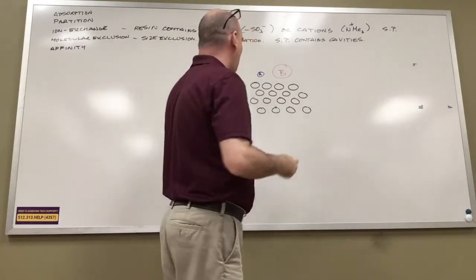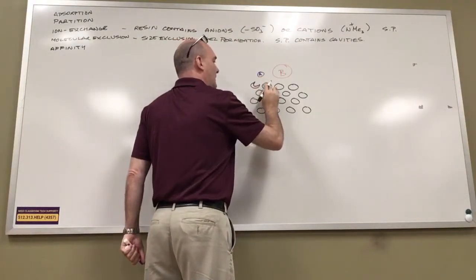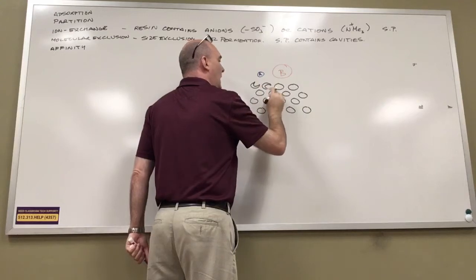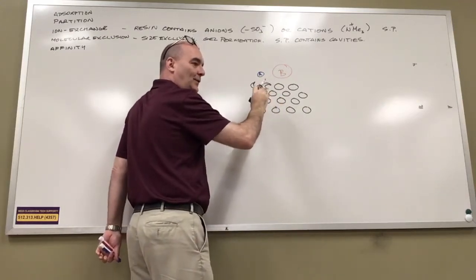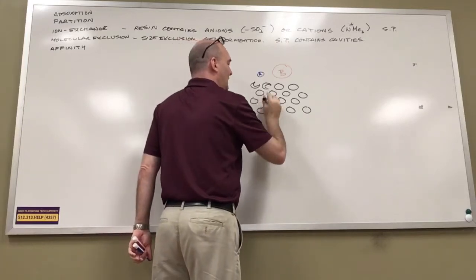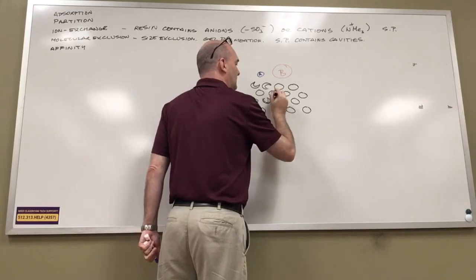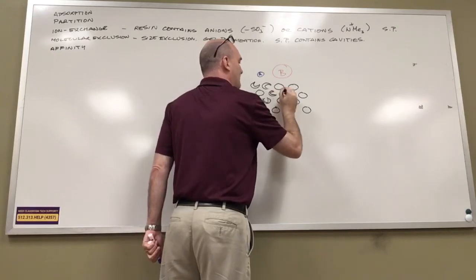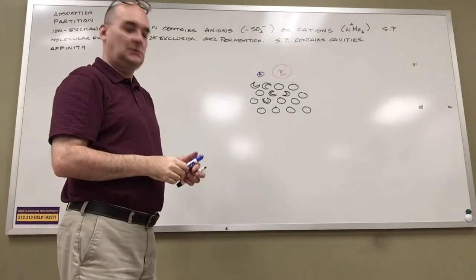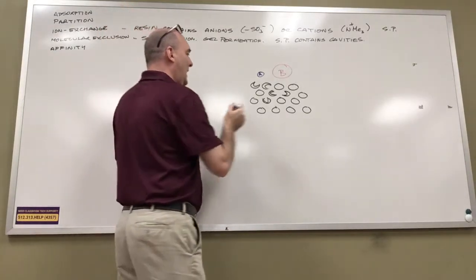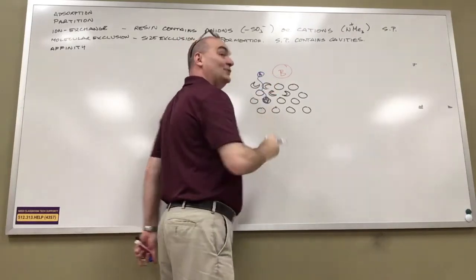Okay. Now, if I make these beads, instead of being full beads, if I allow them to have pockets, then exactly the opposite happens. A now passes through and gets stuck.